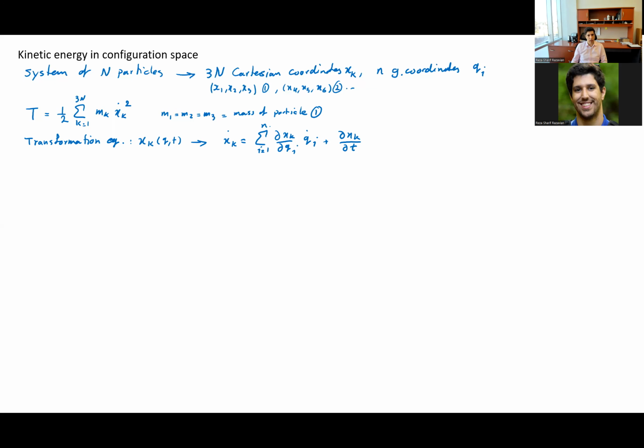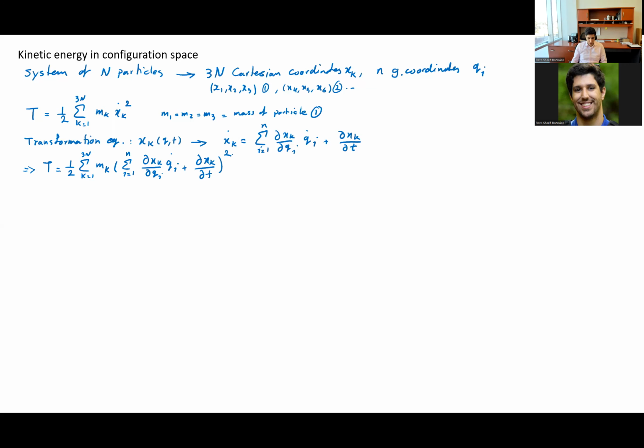So I have this, and I can plug this definition of x dot k into that. And what I get is T is 1/2 sum over k equals 1 to 3n, all my actual coordinates, mk, and that thing is squared: sum over i equals 1 to n, partial xk, partial qi, q dot i, plus partial xk, partial t, all squared.